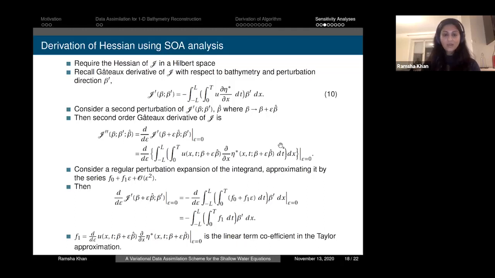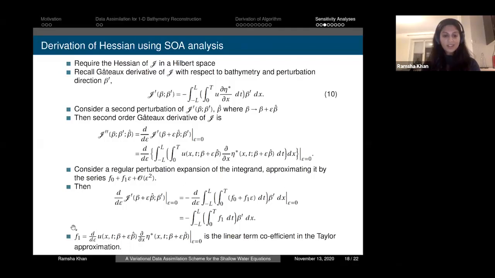And so again, we truncate it by considering a regular perturbation expansion to linear order, which allows us to reduce this expression for the second order Gateaux derivative to this one, where F1 is essentially the linear term coefficient in the Taylor approximation.